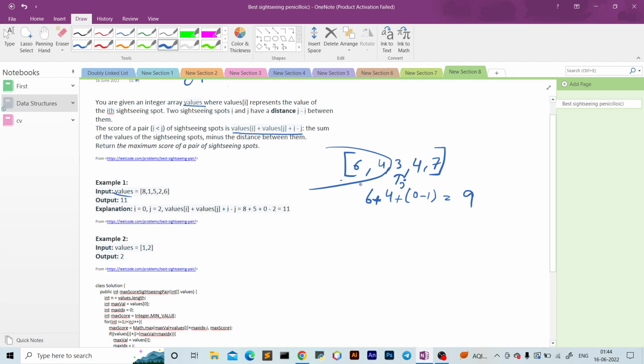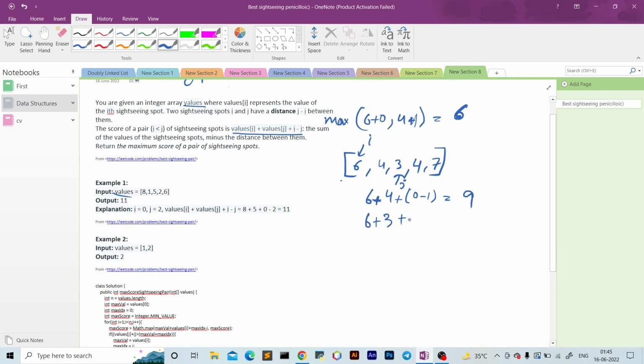So we want to either choose the first or the second as the ith, considering this is at the jth index. So we can just check the maximum of the first plus 0 and the second plus 1. So the maximum is the first, which means that for this jth index also this would be the ith index. So it would be the sum, which is 7.